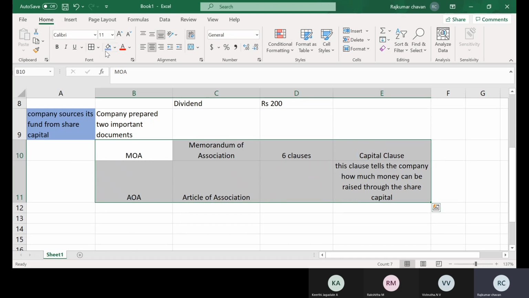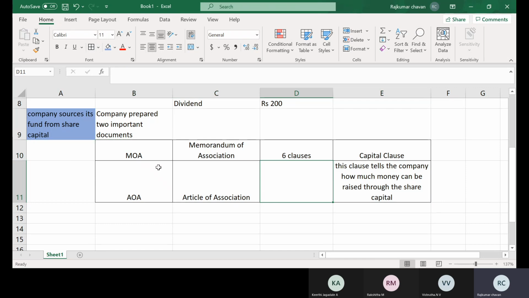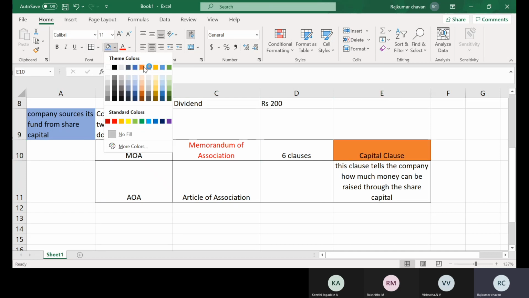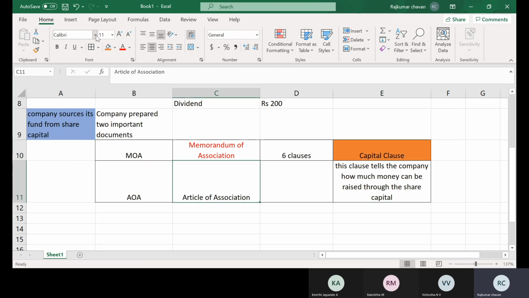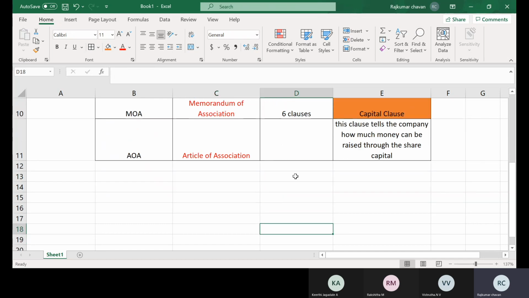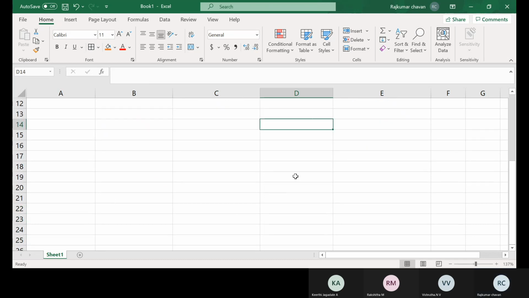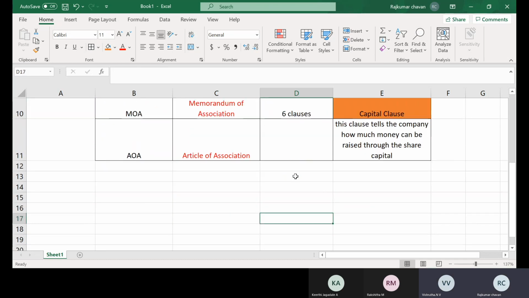In the Memorandum of Association, there is a clause called the capital clause. This clause gives the company the right to raise money through share capital. That is why we raise money through share capital. Is that clear? Yes, sir.